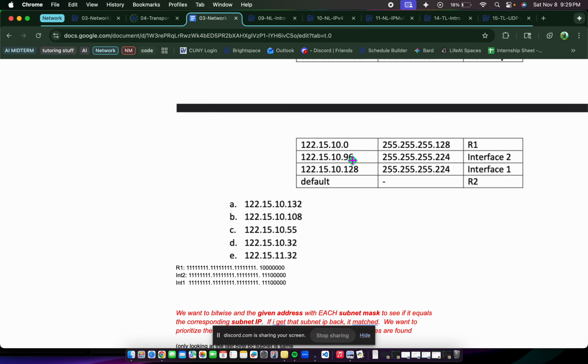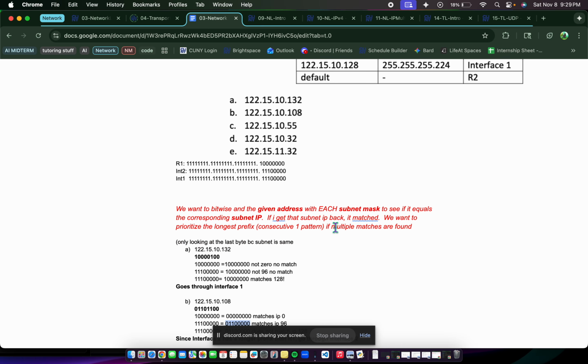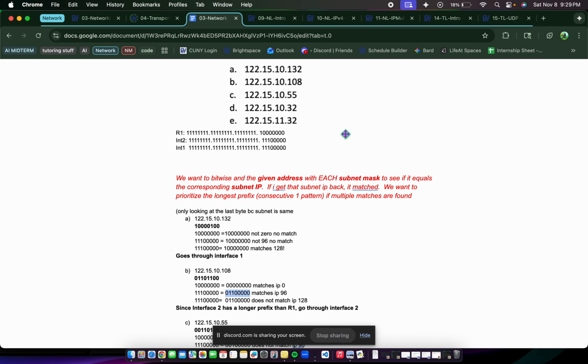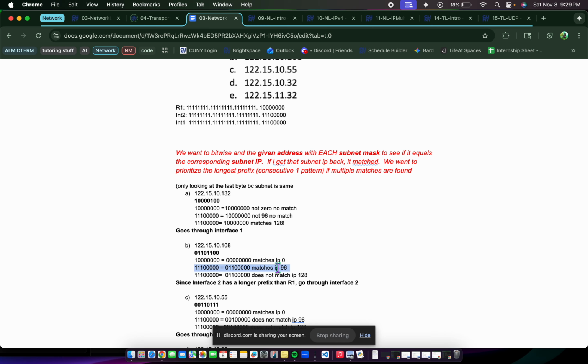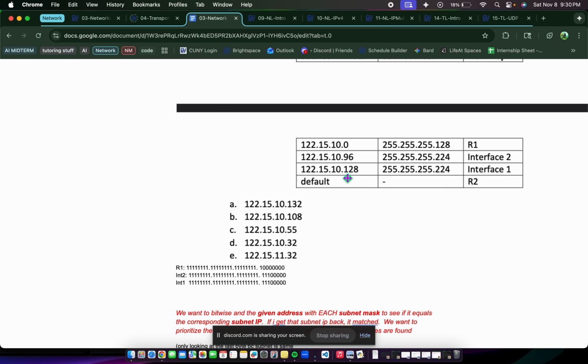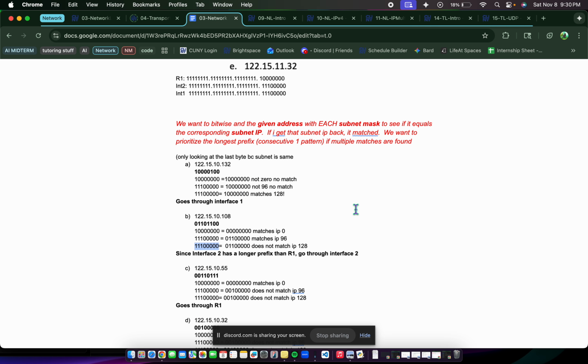Does this match the 96? Yes, it does. This is 96 in binary, and this is 96. So this matches as well. We just have to still do the last one. Again, we bitwise AND this. We already know from the last problem it's the same thing, so it's 96. And this last byte is 128, so this is not going to be a match, obviously.